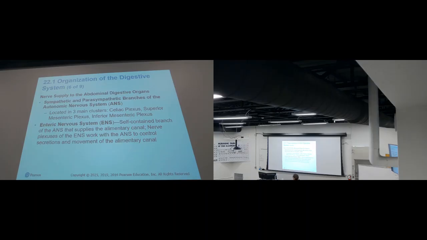Innervation of the abdominal organs comes from branches of the ANS, like the sympathetic nervous system, the parasympathetic system, and also the enteric nervous system, or ENS. So the three main clusters for the ANS are the celiac plexus, superior mesenteric plexus, and inferior mesenteric plexus, just like the names of the arteries that provide the blood supply.